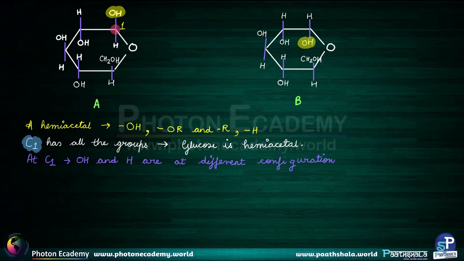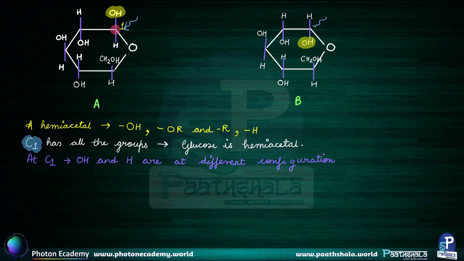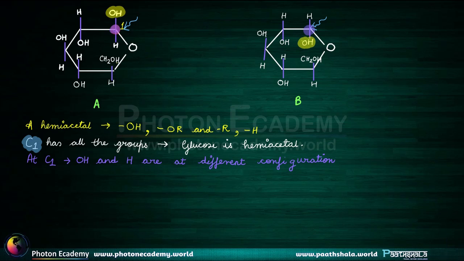So now can I say that this C1 is also an anomeric carbon? Please keep in mind that I'm talking about both the structures over here, because both of them belong to glucose and they're only differing at the positioning of the OH group. So now I can say that my C1 over here is also an anomeric carbon.